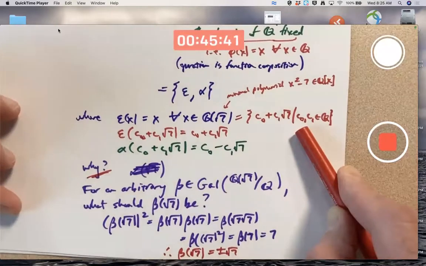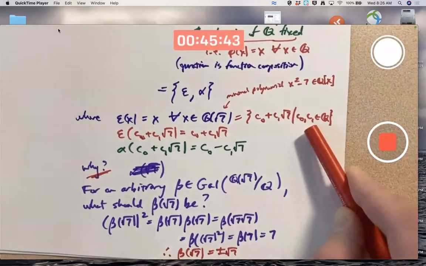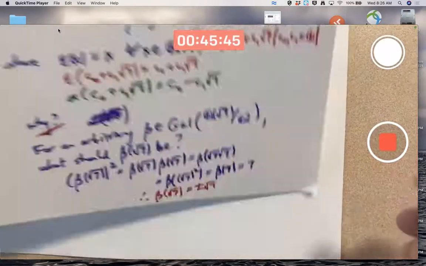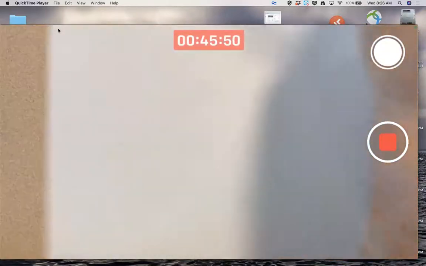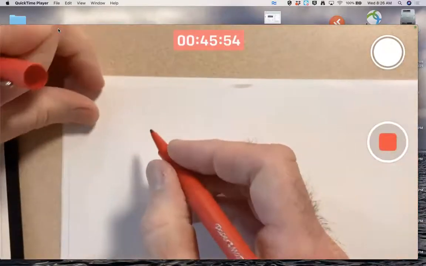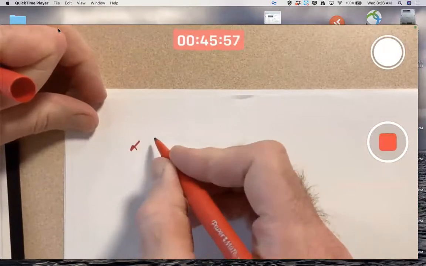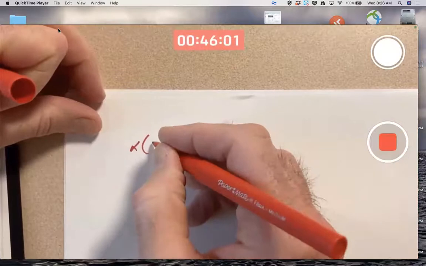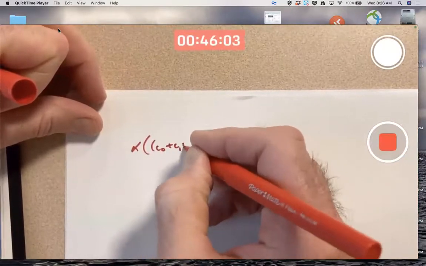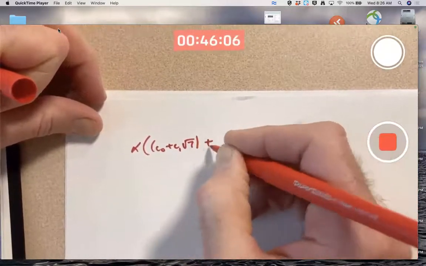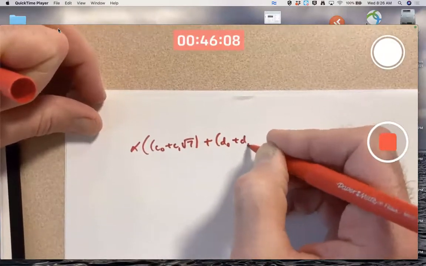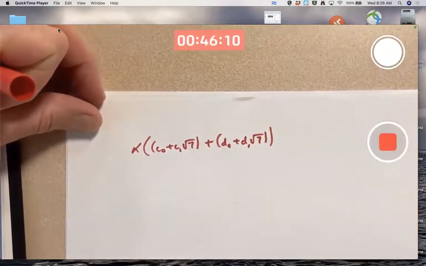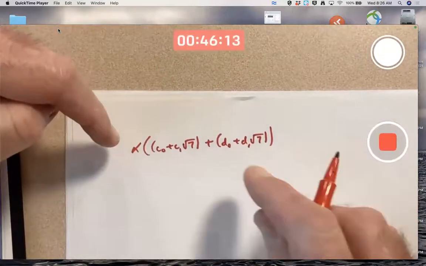I'll let you think about that. It's pretty easy to show it's 1-to-1 and onto. Is it operation preserving? Let's check that. Is alpha of, say, C0 plus C1 root 7 plus D0 plus D1 root 7, the same as alpha of the first thing plus alpha of the second thing?